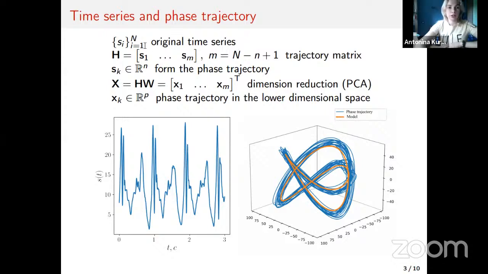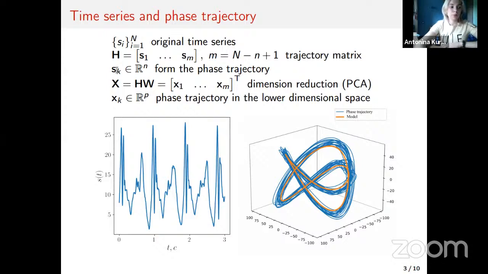Define the Hankel matrix of the time series that you can see on the slide. n is the window length, and the length is not less than the supposed period. Let s_q be a column of the Hankel matrix, and note that all vectors s_q form the phase trajectory.